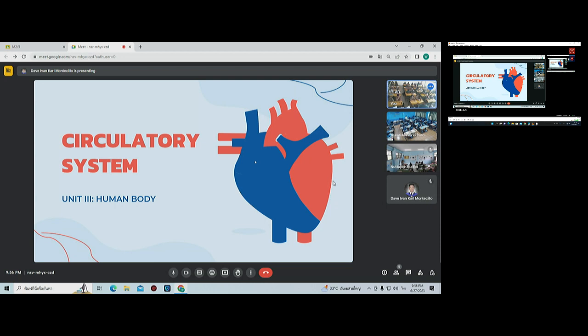Let's start with the circulatory system, or the cardiovascular system. Okay, again, what is our topic? That is circulatory system.